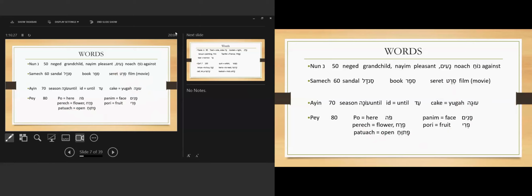Then, pori. Pori is fruit. A tree bears fruit. P, the two dots, R, yud. Pori, fruit.